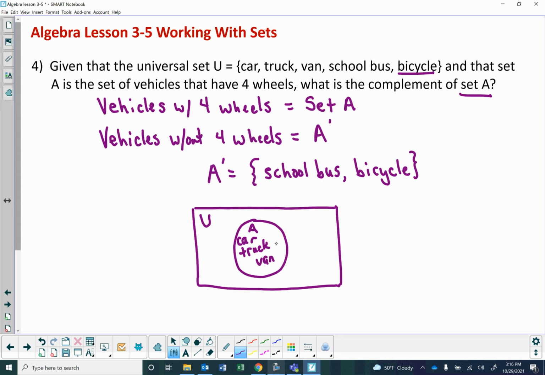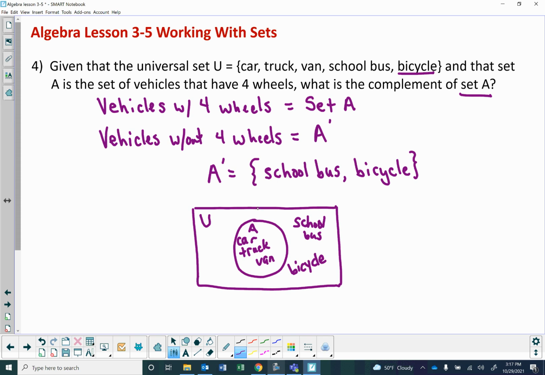And what does not have four wheels? That would be school bus and bicycle. So that's a visual picture. You've got the big circle here, and the car, truck, and van fit in that, because that's set A, which has four wheels, and anything that does not fit into set A but fits in the universal set goes outside that circle, which is the school bus and the bicycle.